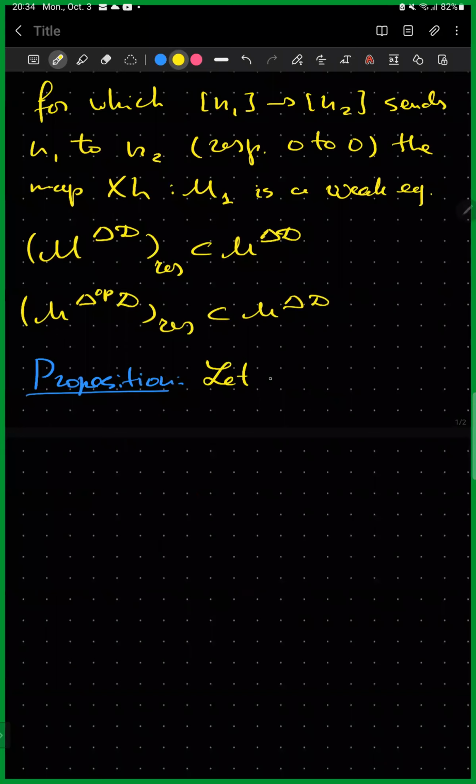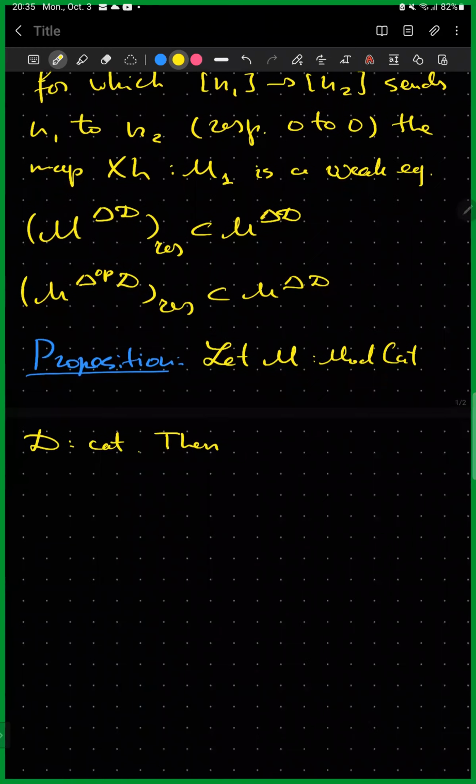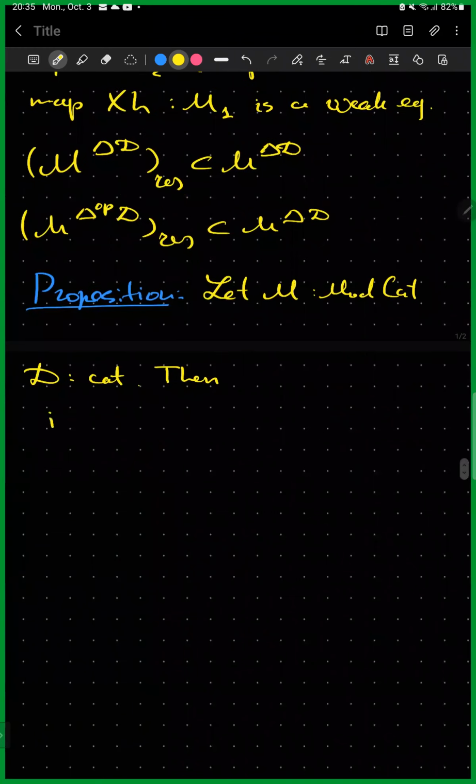Let M be a model category as usual, and let D be a small category. Then, first of all, the adjunction involving projection functors, colimits of projection functors, is a deformable adjunction.